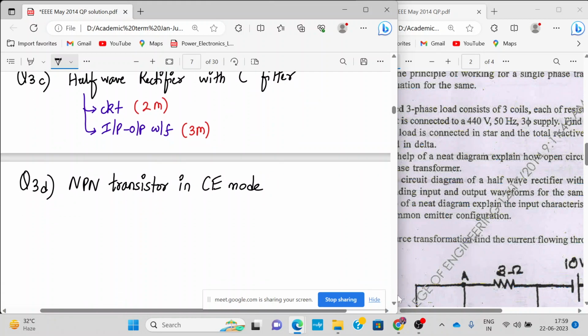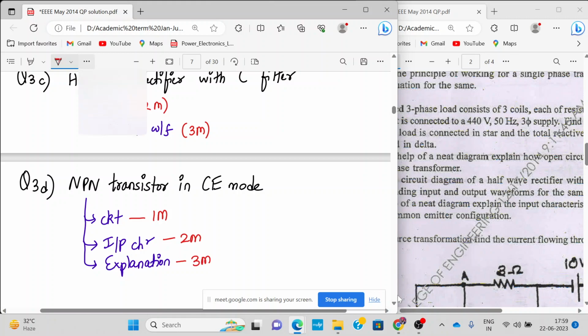Okay, so again the split up of marks will be the circuit, input characteristics and the explanation of the same. So this will be around 1 mark, this is 2 and this is 3. I mean, if it is a 5 marks question, then explanation also 2 marks. So I'm giving you the split up of marks if it is asked in the exam. Alright, this is about the theory question.